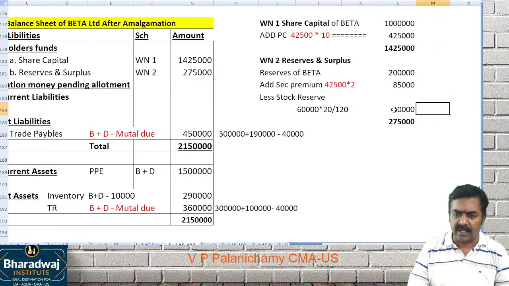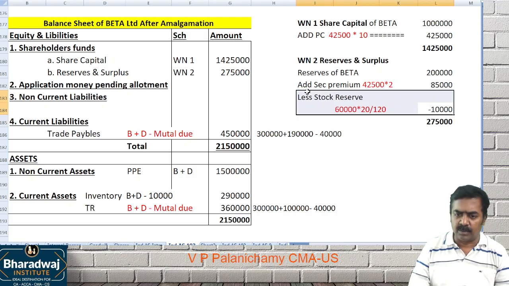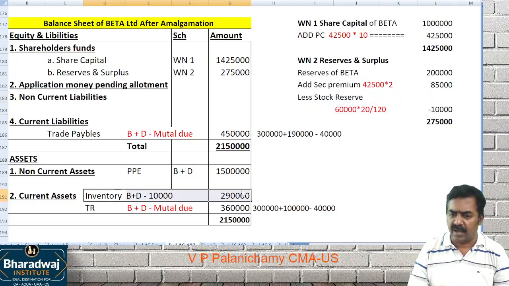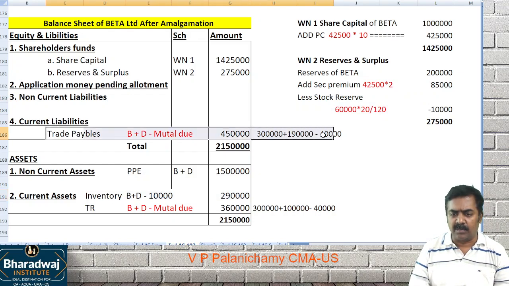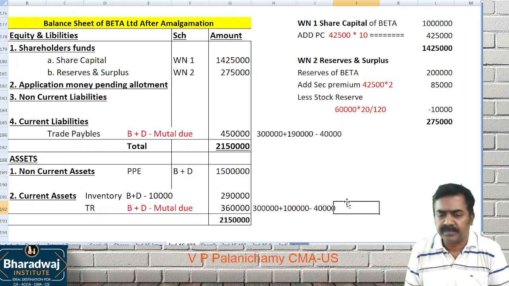This will be journal entry: inventory account debit to stock reserve account. 60,000 into 20 by 120. This is eliminated from both profit as well as from inventory. Then trade payable, add both, eliminate the mutual amount due. Same way, trade receivable, add both, eliminate that mutual amount due.